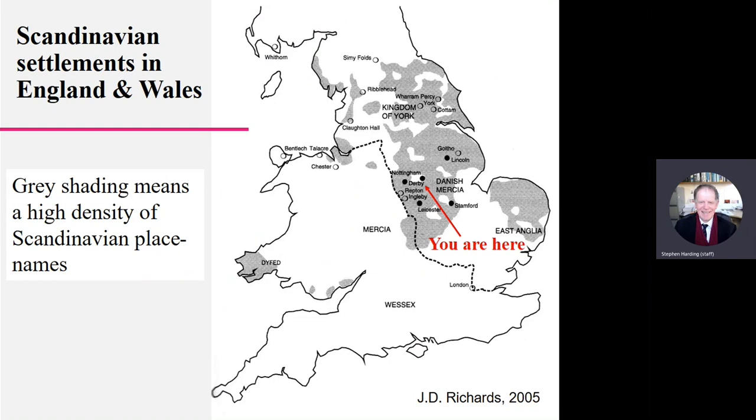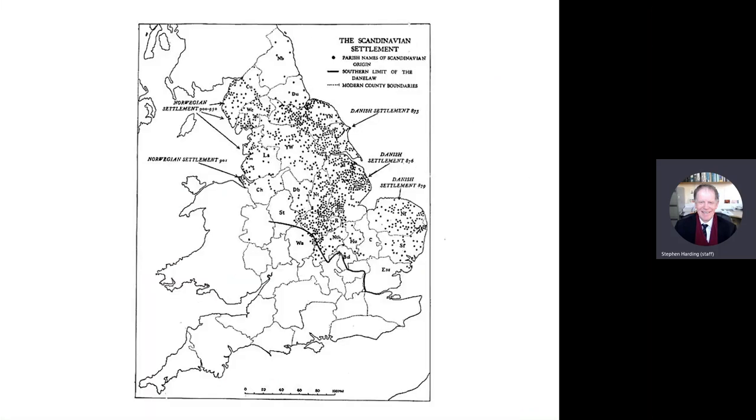See, so the grey area here corresponds to that. And this is an earlier map, I think by A.H. Smith, of the distribution of place names of Scandinavian origin in England. And you can see it demarks this.